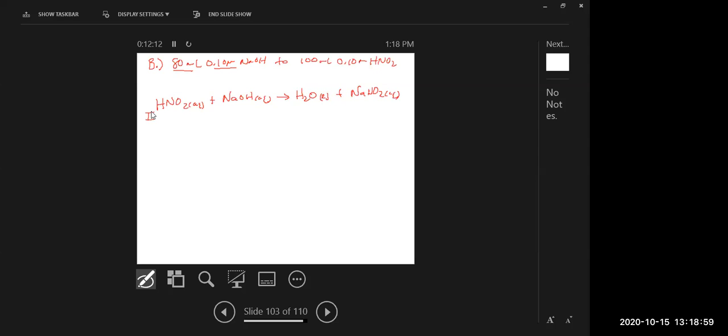That gives us 0.01 moles for our nitrous acid. For our sodium hydroxide, 0.08, which is what we're adding, times 0.1 gives us 0.008 moles. So this is what we started with over here.